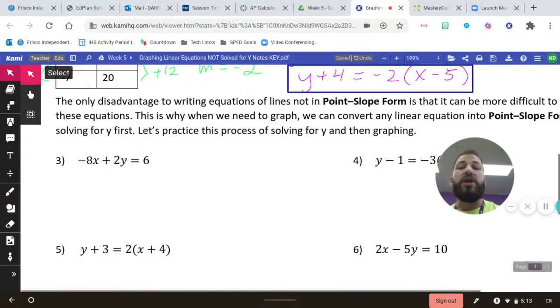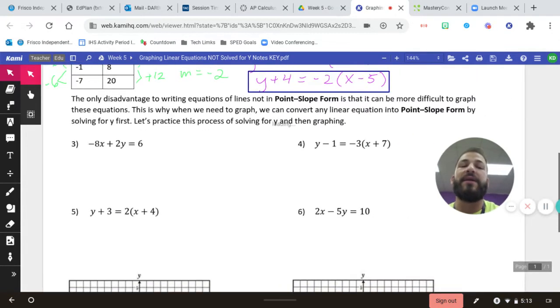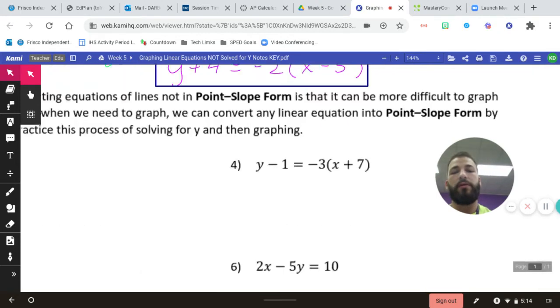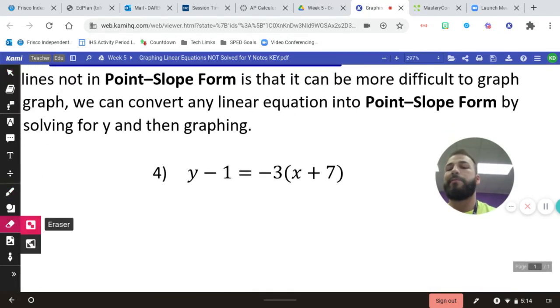The only disadvantage to writing equations of lines in point slope form is that it can be more difficult to graph these equations. This is why, when we need a graph, we can convert any linear equation into slope intercept form by solving for y first. Real quick, this should be slope intercept.